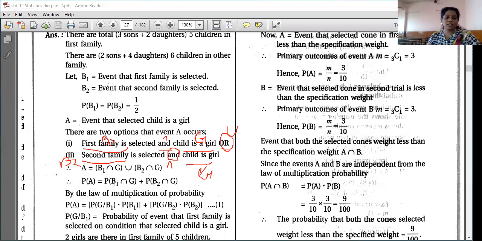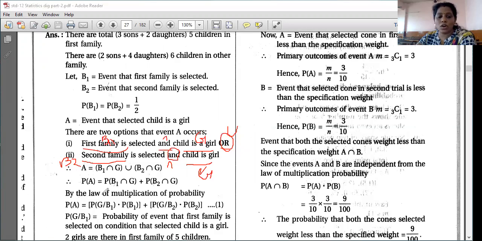Now this is the situation, right? This is the event A, that one family is to be selected and a child is to be selected. Now A equals B1 intersection G union B2 intersection G. And intersection means multiplication, and union means addition, right?